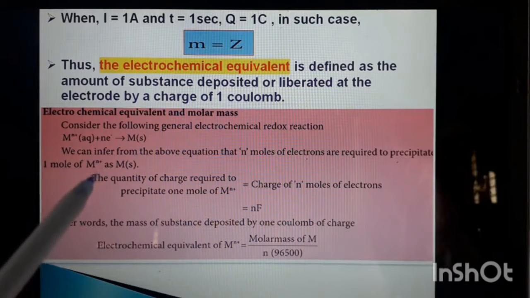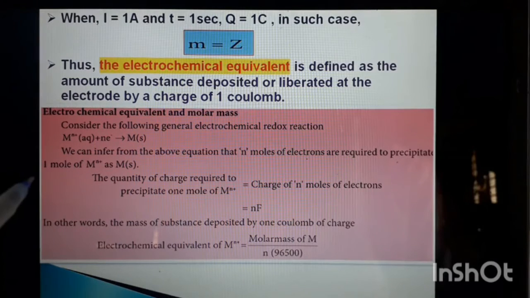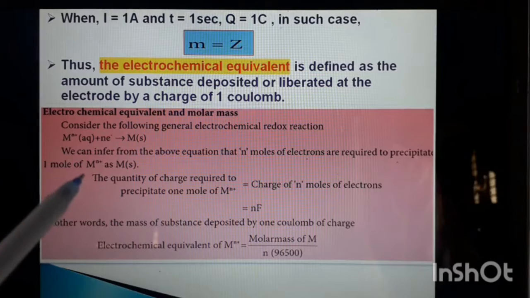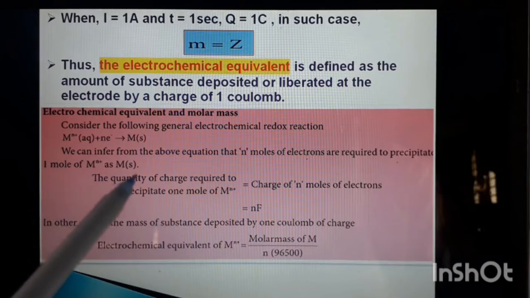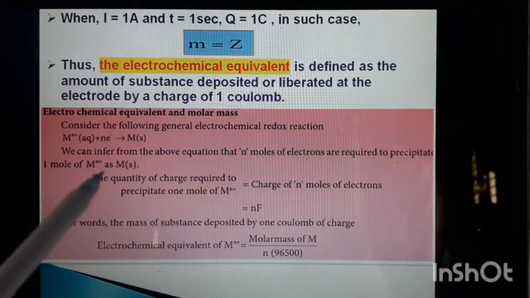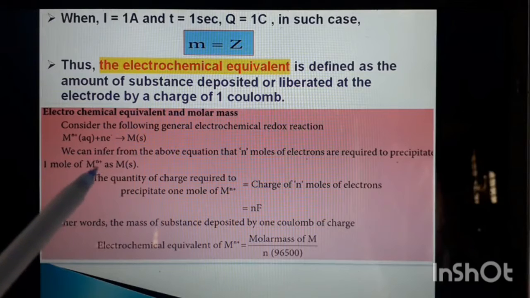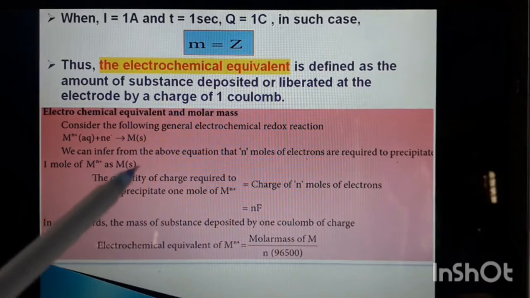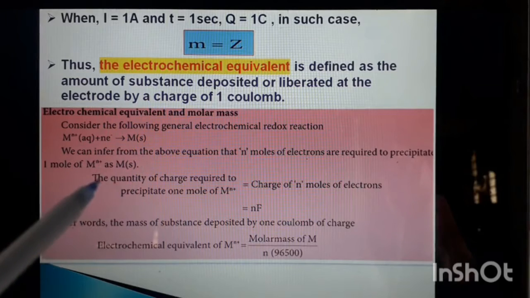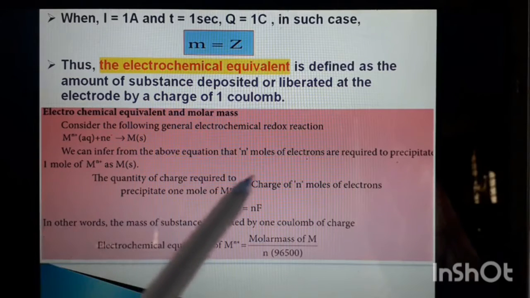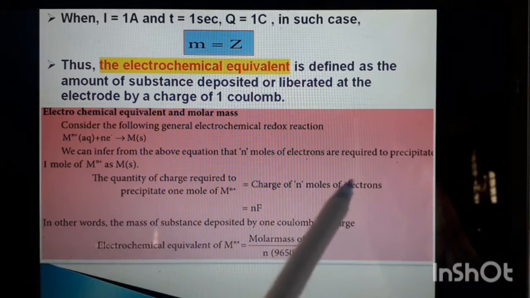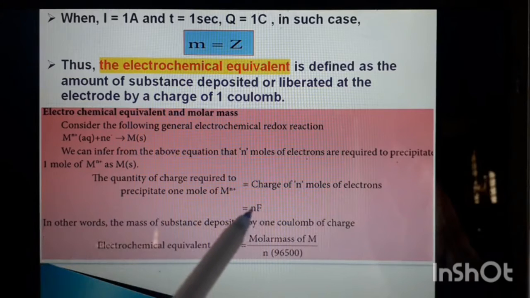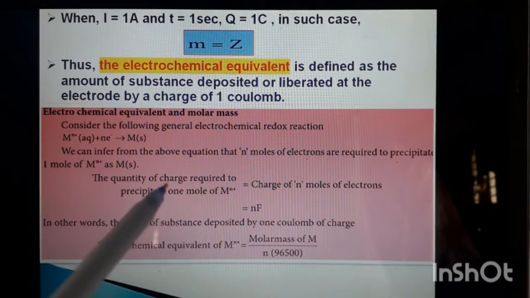We infer from the equation that n moles of electrons are required to deposit 1 mole of M n+ as M, from ion to metal, that is gain of electrons. Gain of electrons means reduction is taking place. The quantity of charge required is equal to the charge of n moles of electrons, that is n Faraday. This is a very important relationship.